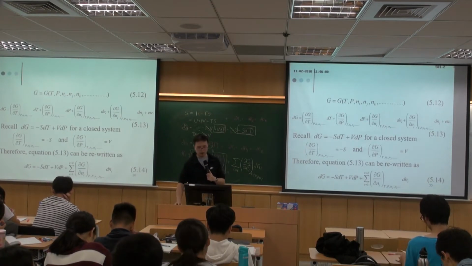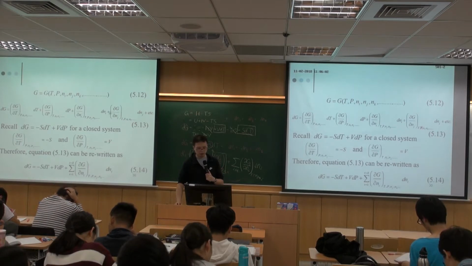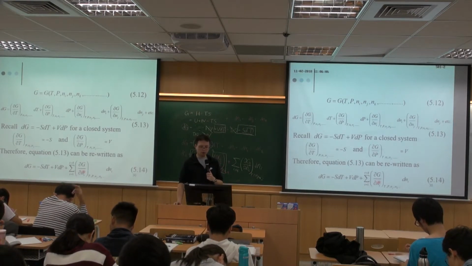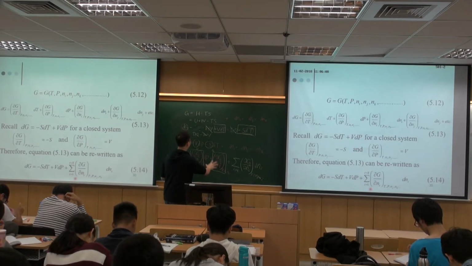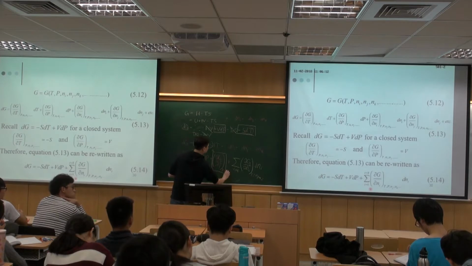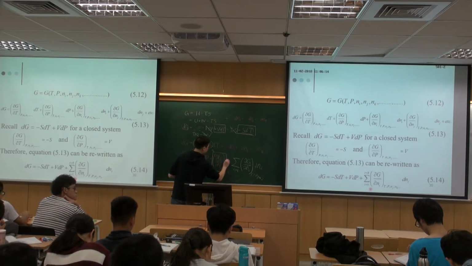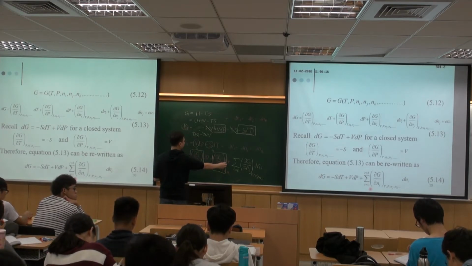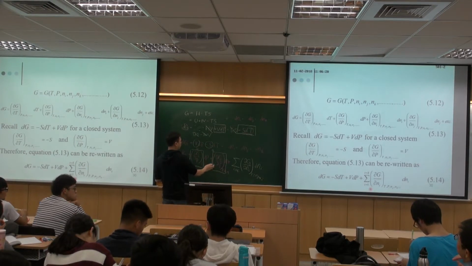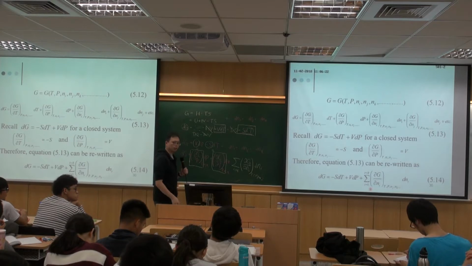Therefore, equation 5.13, this one, can be rewritten as a simple form. So if you just move these two things down here, oh, sorry, I should have a dT here. I should put that in as well. Then you'll have the simplest expression for that.